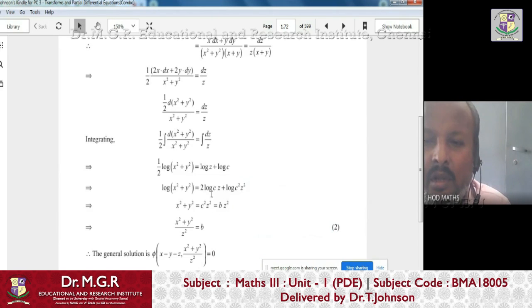So they put log c square as b, but z square will come, and then they cancel out all the logarithms. So left hand side x square plus y square is there, right hand side z square, because this 2 goes to that side and makes it log z square. There is no need to put square on b.